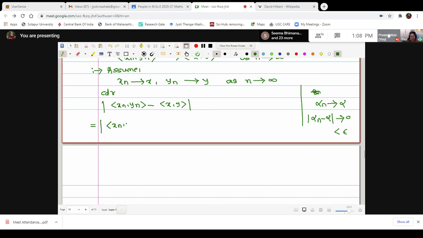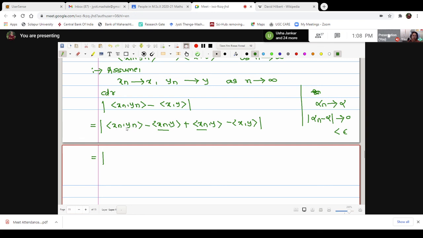We will subtract a term inner product xn and y, and we will add the same inner product xn with y. Okay. This middle term we have subtracted and added. It's a pure adjustment we have made. Now just look at the first two terms of an inner product.